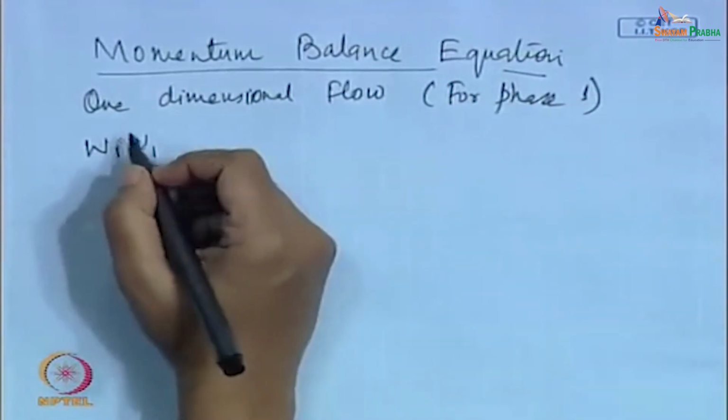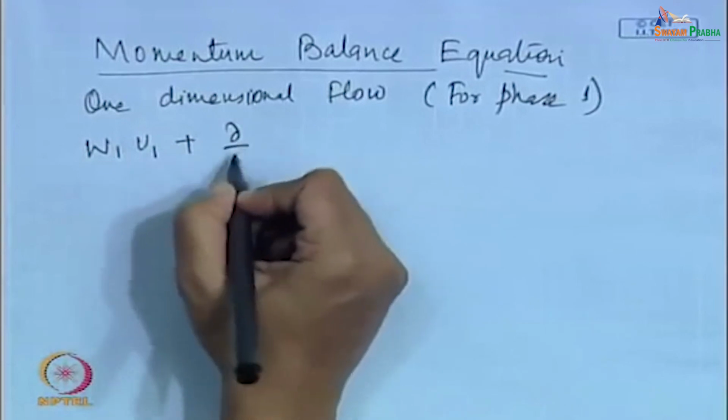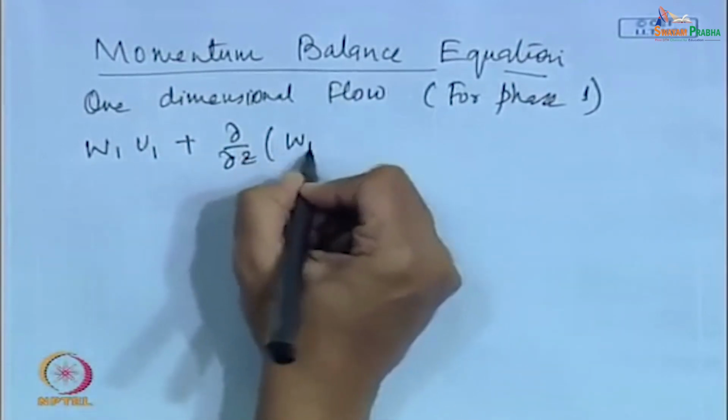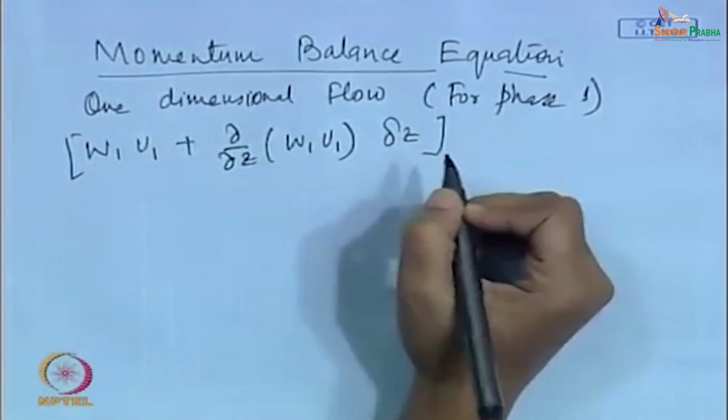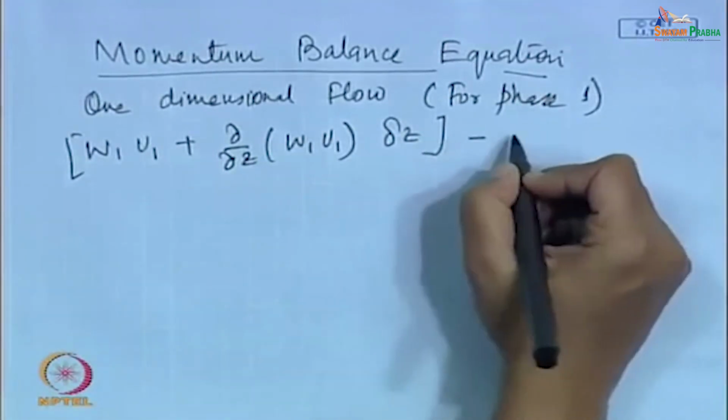So, this is W1 U1 plus del del Z of W1 U1 into delta Z. Agreed?